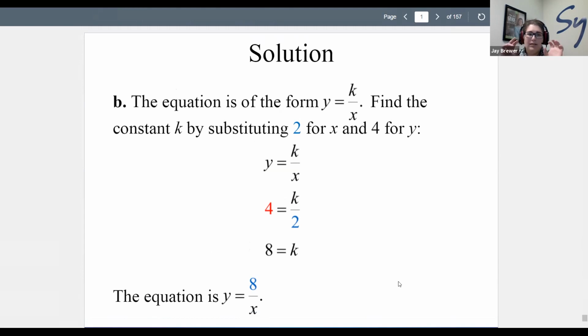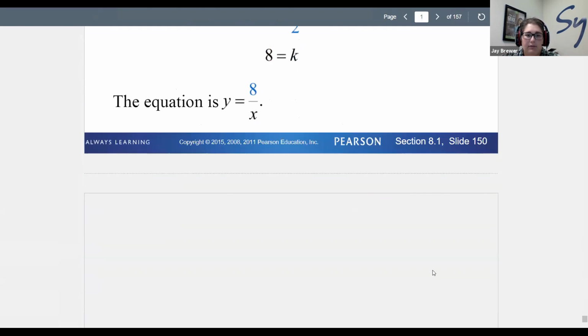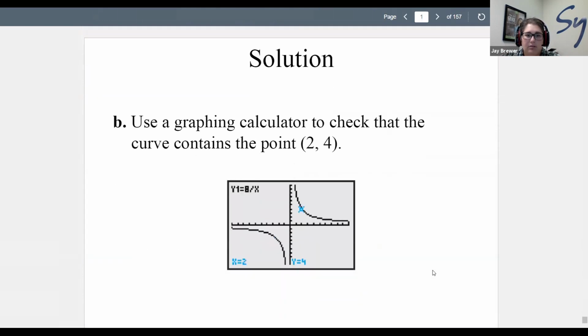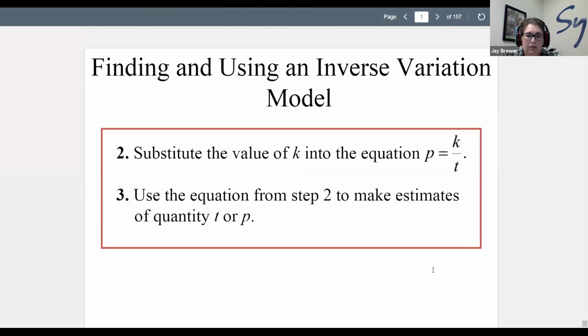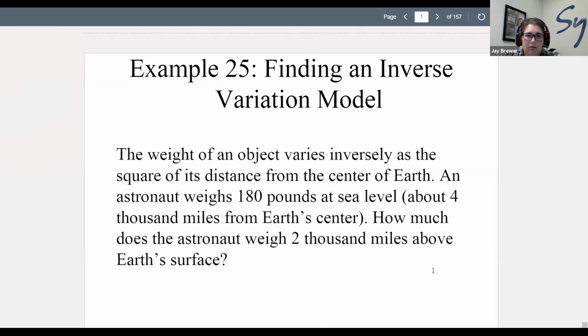Now, I don't really consider these smaller ones application problems, so you don't really have to give me a whole sentence that the equation is y equals 8 over x. The ones I obviously consider a solution or an application will be the ones like this.